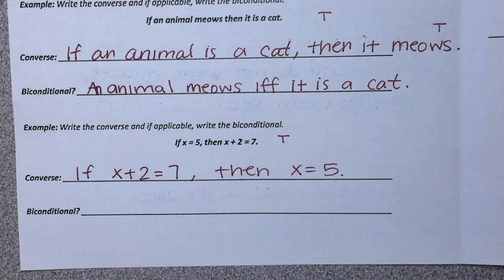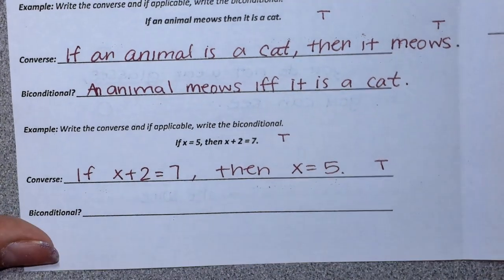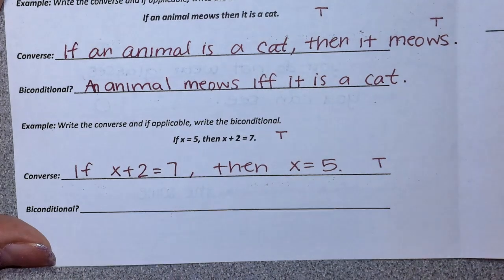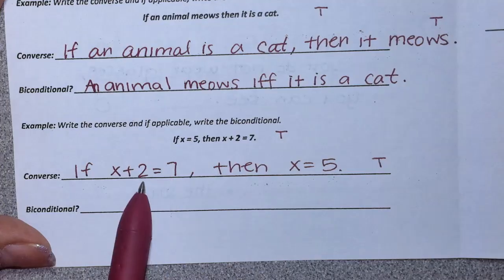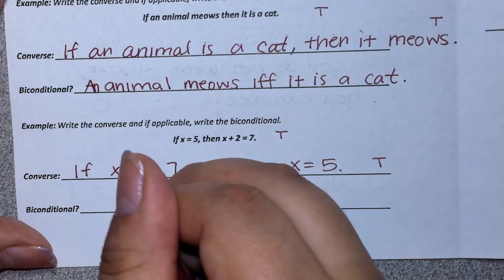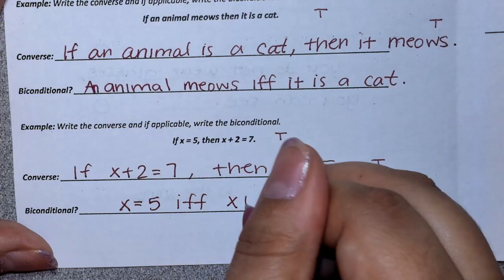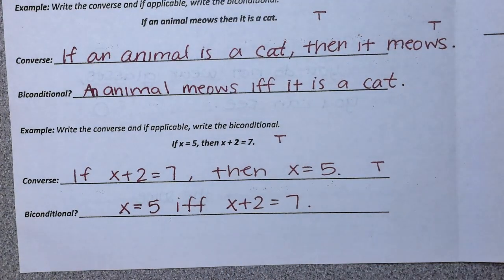So are these both true? Yeah. So what would be the biconditional? Perfect. And you could actually write it either way. I like to write the conditional, but what you wrote is perfectly fine. Because it's a biconditional, it works both ways.